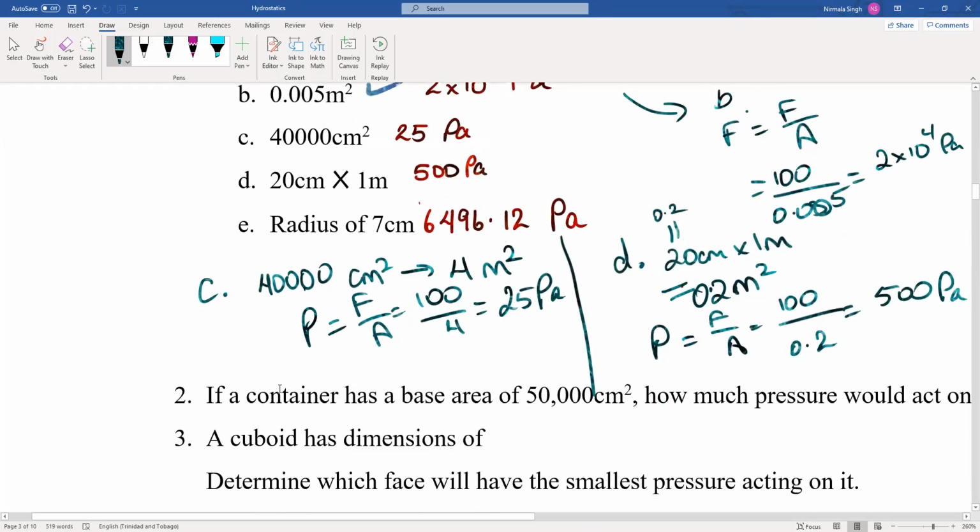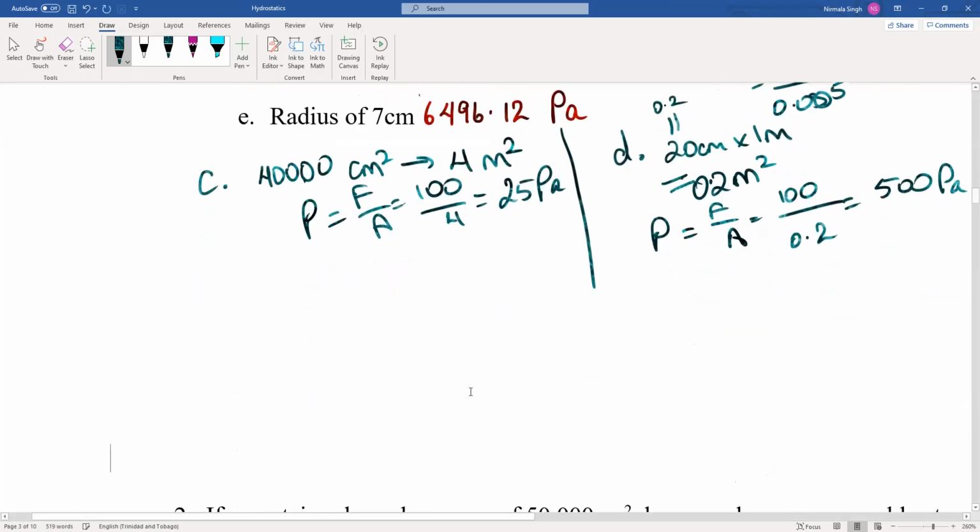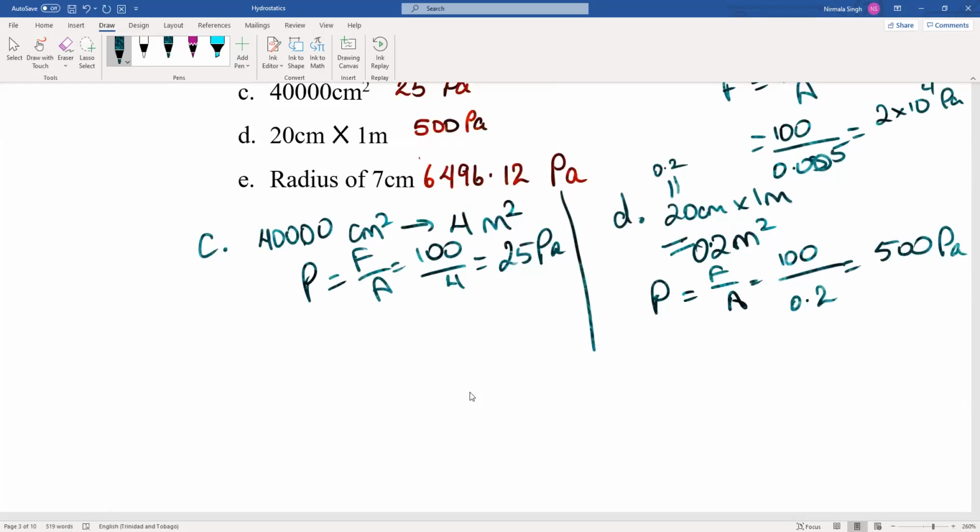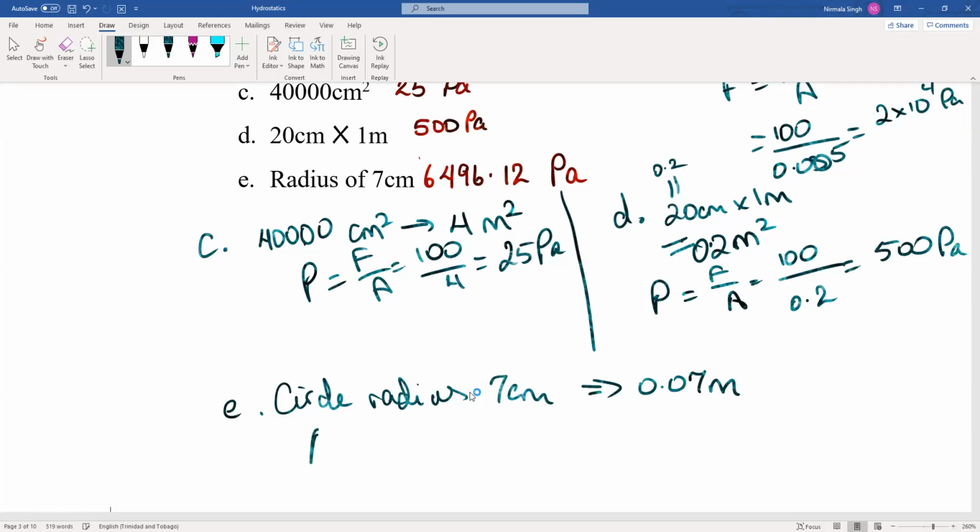And the last part, for E, if I have a circle of radius 7 centimeters, 7 centimeters is equal to 0.07 meters. So I want to find the area of my circle.